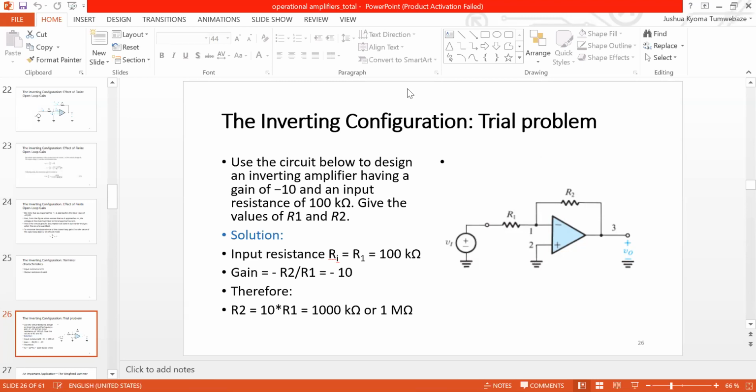Is there anybody who can help to explain why he said that the output resistance is 0?